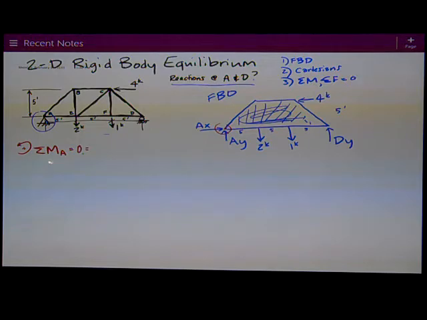Moving to the right, I have this 2 kip load, which I hope you can see causes clockwise rotation, so it's -2 times a distance of 5 feet. It's a Y force times the X distance. The 1 kip load also tries to create clockwise rotation. So it's -1 times 5 plus 5.